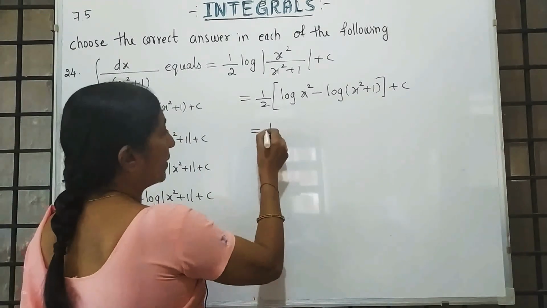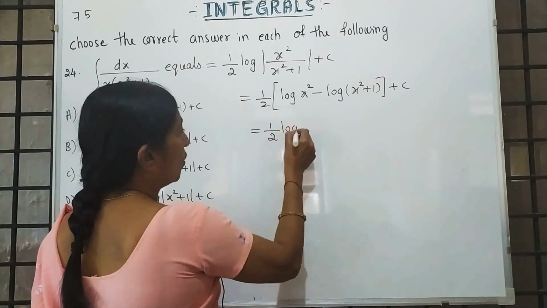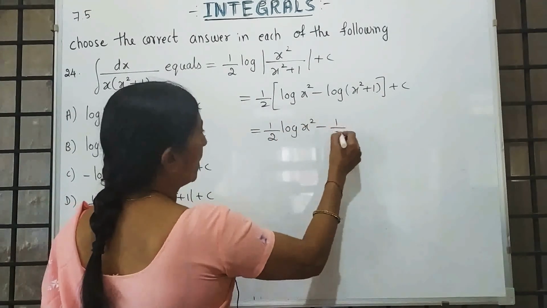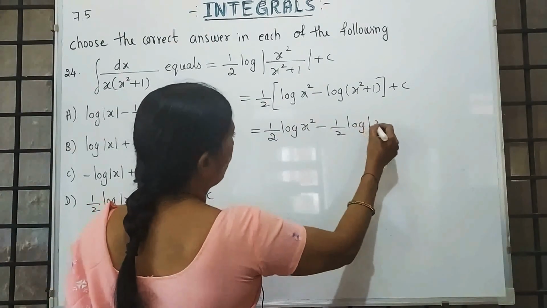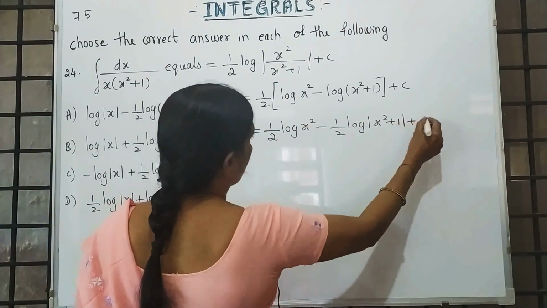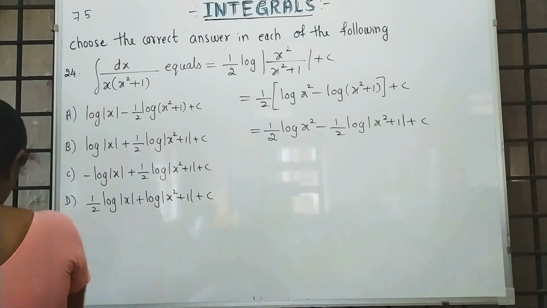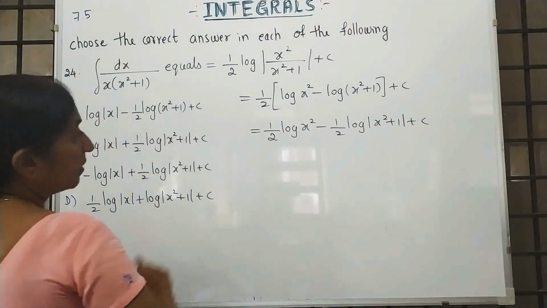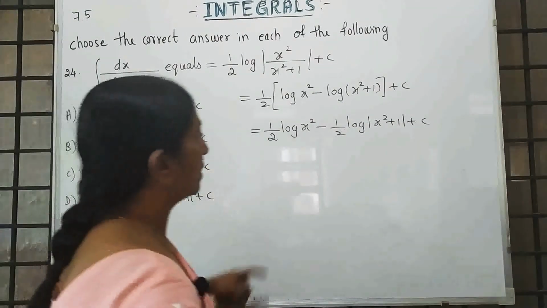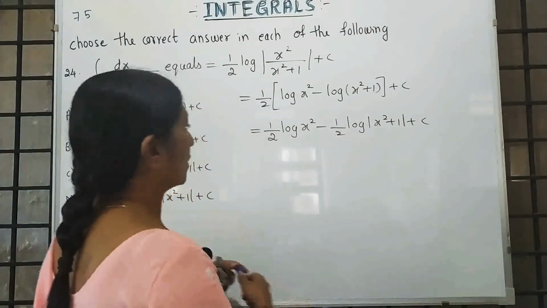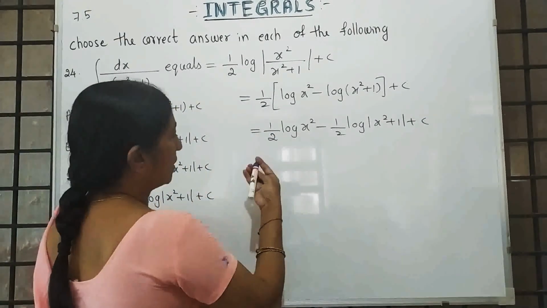This is 1 by 2 log of x square minus 1 by 2 log of x square plus 1 plus c. For the second term there is no splitting, but for the first one it is in the form of log m raised to n. Keep 1 by 2 as it is.